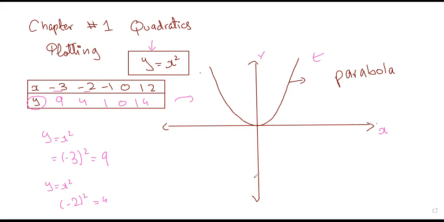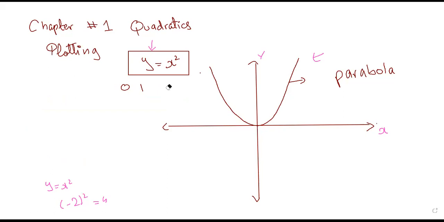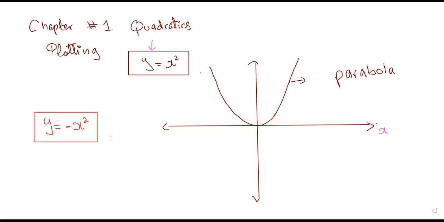Let's talk about another equation that is the opposite of this one. Let's say we have to plot y equals minus x square. What are we going to get for this one?